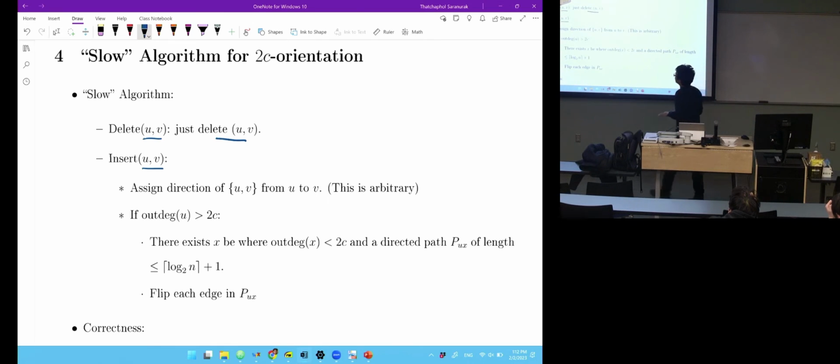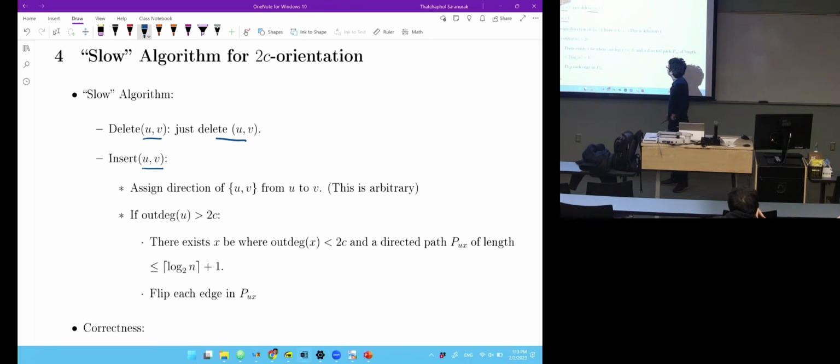But now if I insert a new edge and I direct it from U to V, the outer degree of U might be more than 2C because it's a new edge. But if that happens, what will I do? We know that there exists X whose outer degree is less than 2C.